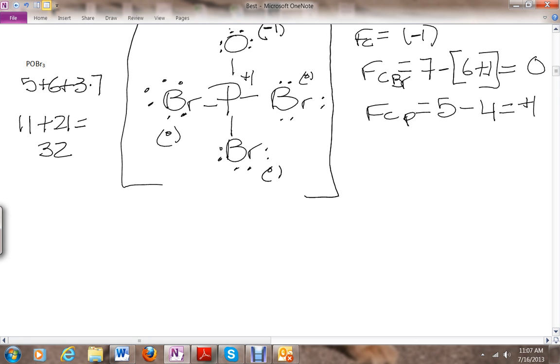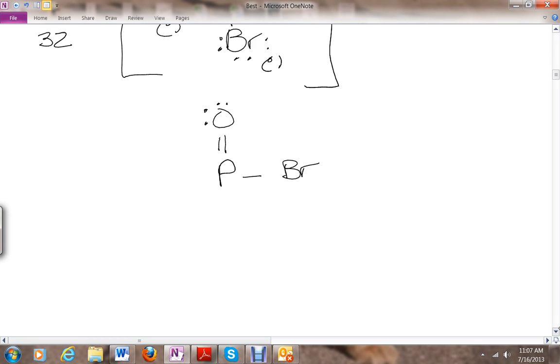What we can do here is make this a double bond, right? And see what our formal charge is. So if we make the oxygen, remember those 2 electrons that are here, we take them here to form a double bond. And here the bromines are going to form single bonds, and they stay the same.